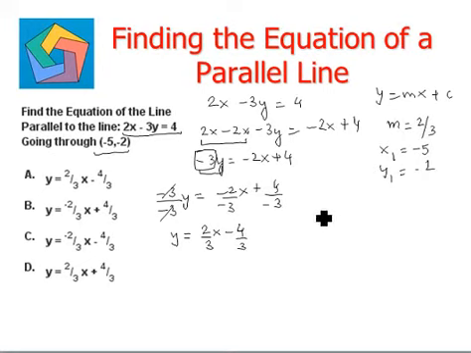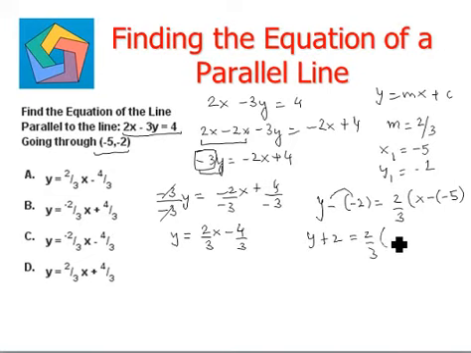So now using the formula, y minus y1 equals m times x minus x1. So we have y plus 2, negative times negative is a positive, equals 2/3 of x plus 5, because again negative times negative is a positive. So we apply the distributive law: y plus 2 equals 2/3 of x plus 10/3.